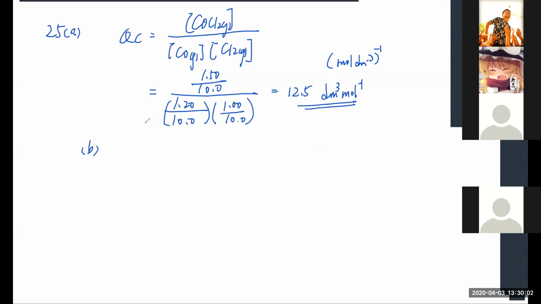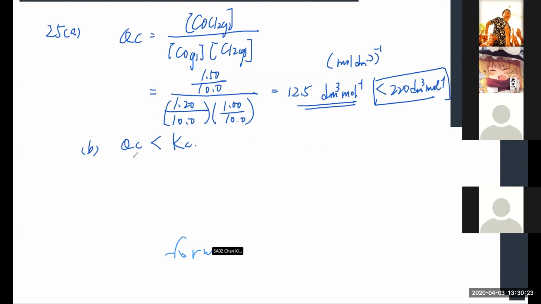B. So you may find, when you compare it with Kc, Kc is 220. So you may know Qc is smaller than Kc. What is the whole sentence you need to write down?